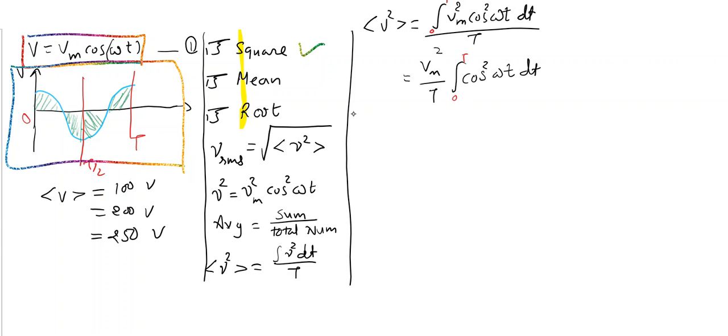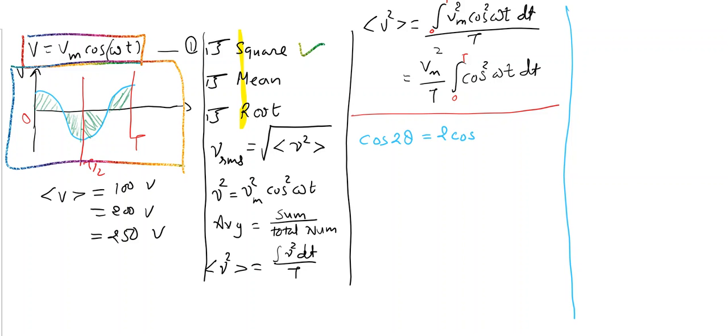Now there is one trigonometrical identity which I'd like to show here. If you have cos 2 theta, you can write it as 2 cos square theta minus 1. So if I make cos square theta subject of formula, it will be 1 plus cos 2 theta by 2.